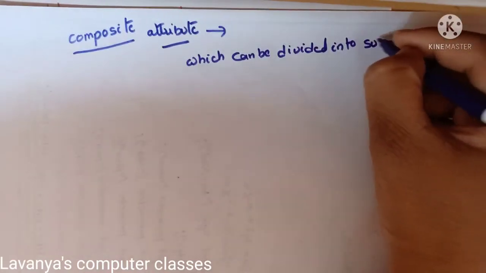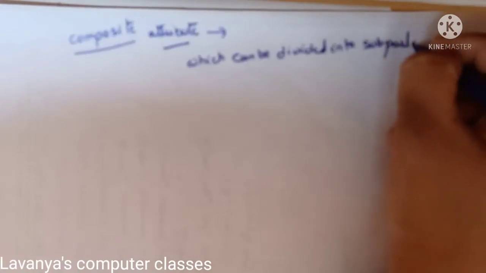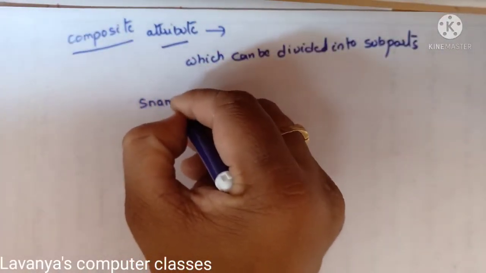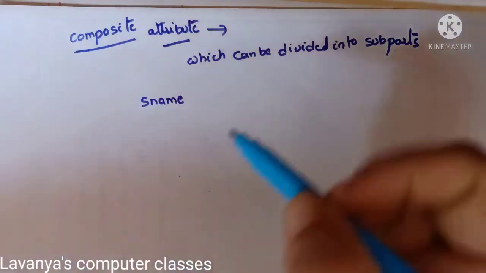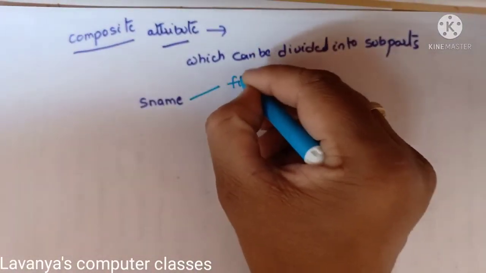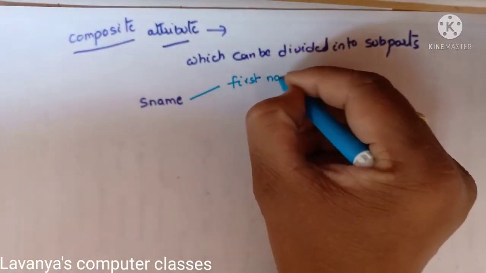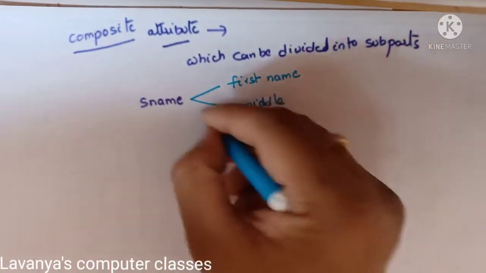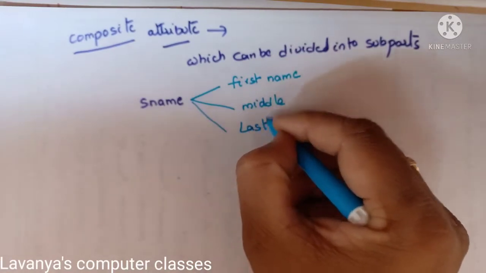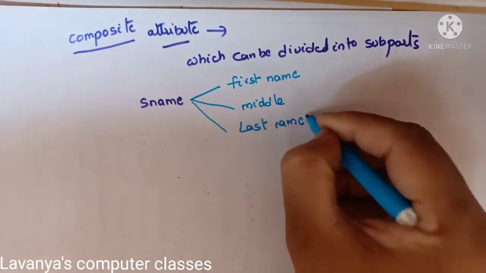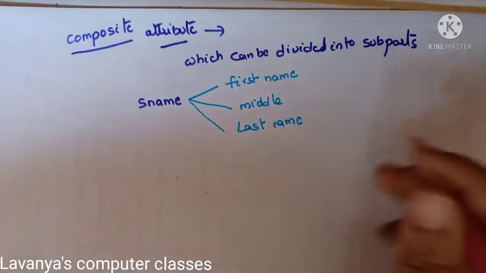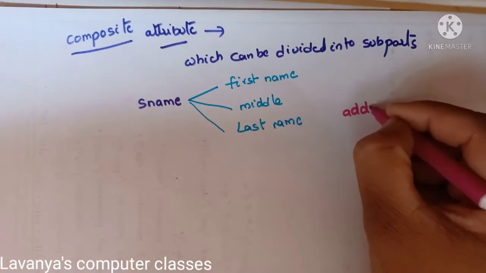For example, S name, the student name. It can be divided into first name, middle name and last name.